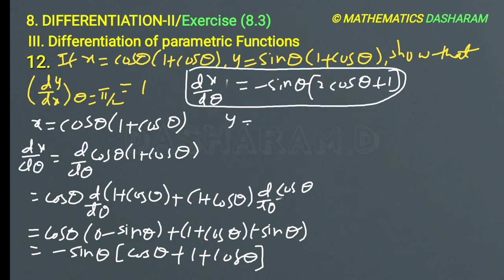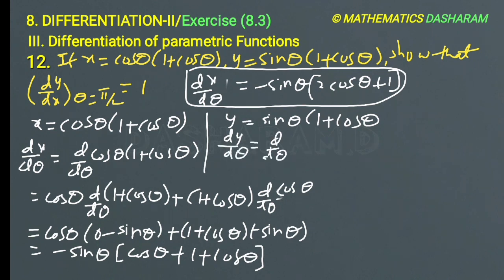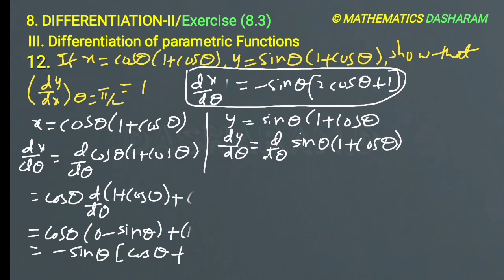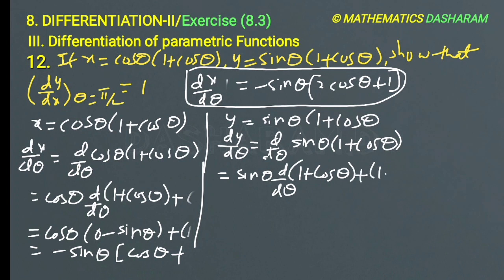Next, the second function, y equals sin theta bracket of 1 plus cos theta. So dy by d theta equals d by d theta of sin theta bracket of 1 plus cos theta. Here also the same product rule. So sin theta into d by d theta of 1 plus cos theta, plus 1 plus cos theta into d by d theta of sin theta.